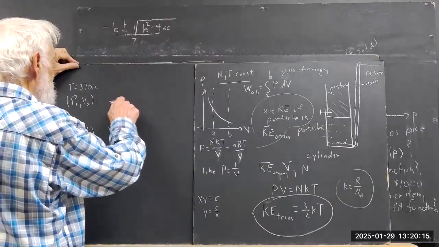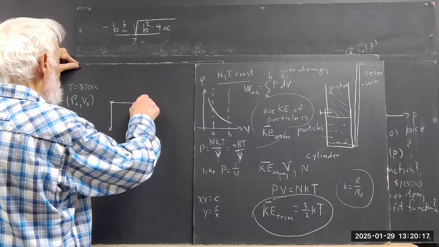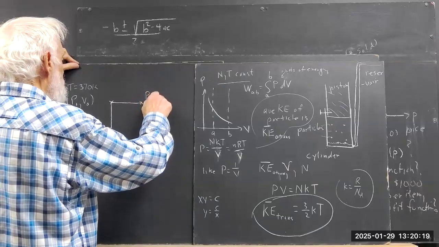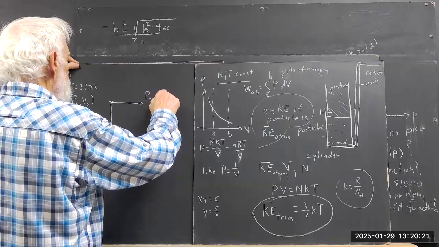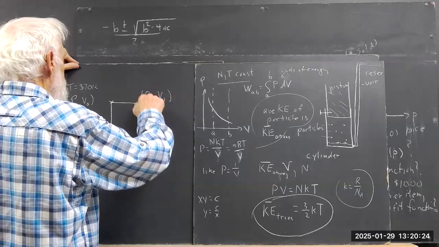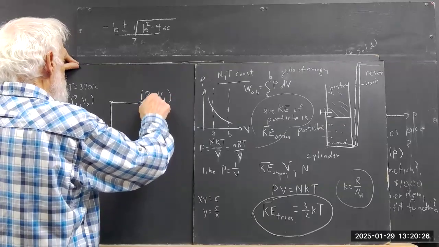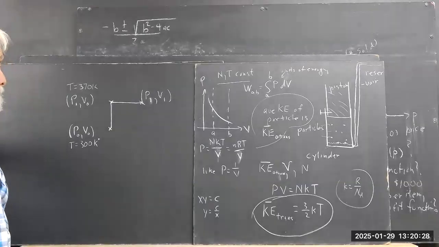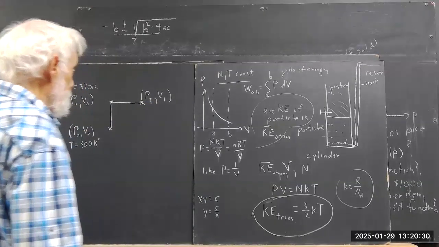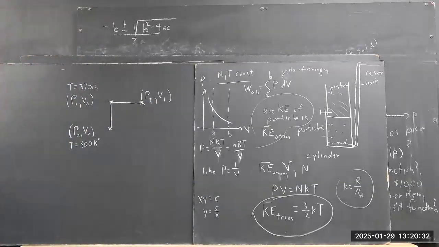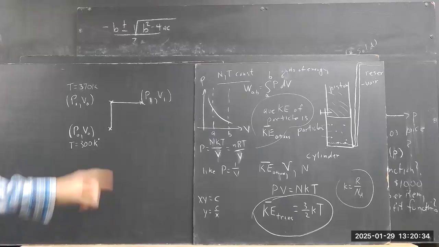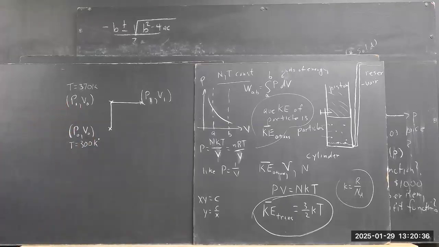So volume is going to increase to some volume V1, which you can easily calculate in terms of V naught. Okay. Is that halfway reasonable?